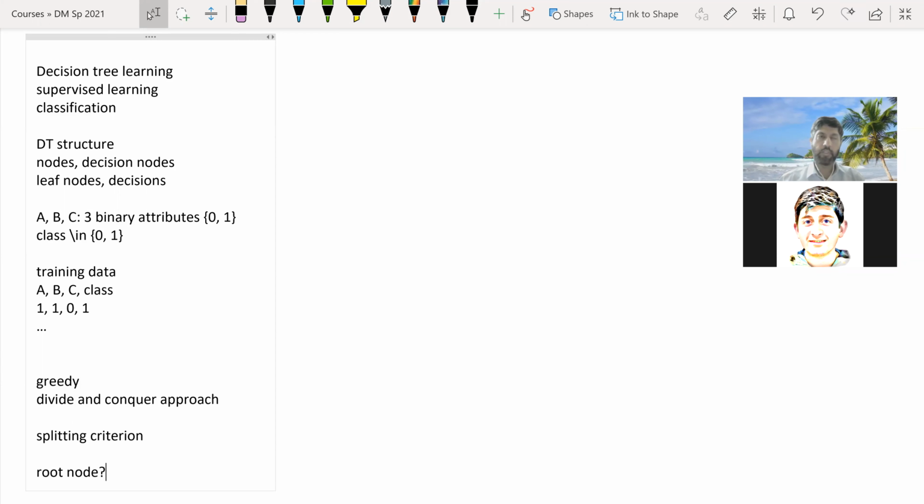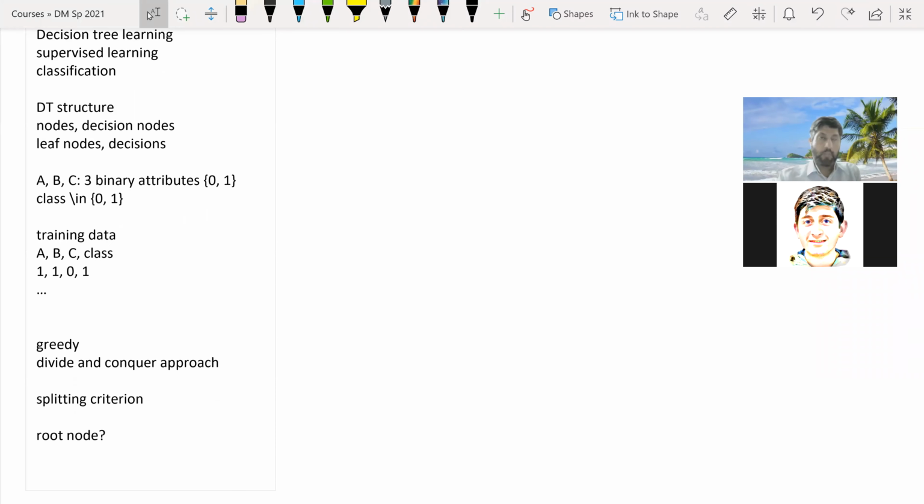So this is a decision that we have to make upfront. Okay? So any ideas how you can select a root node that would lead to a tree that is a good predictor or a good decision tree?